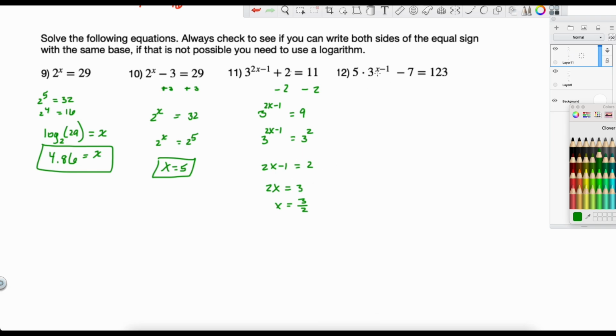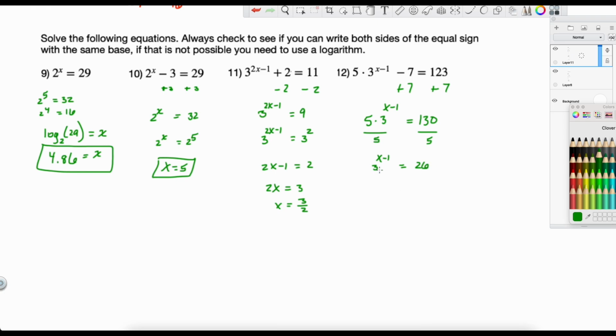5 times 3 to the x minus 1, minus 7 equals 127. Let's add 7 first. Let's divide both sides by 5. 130 divided by 5 is 26.